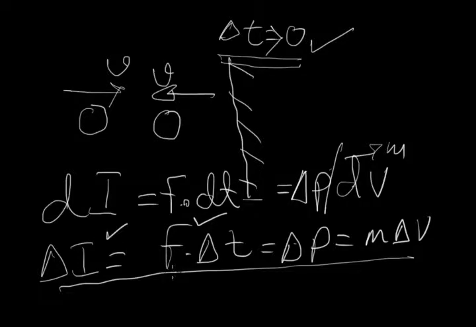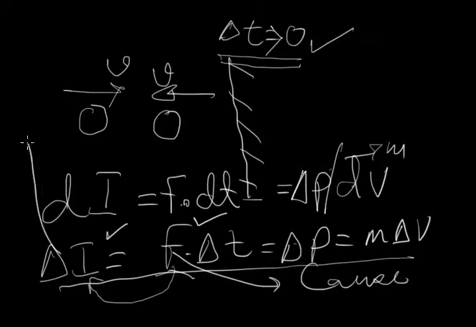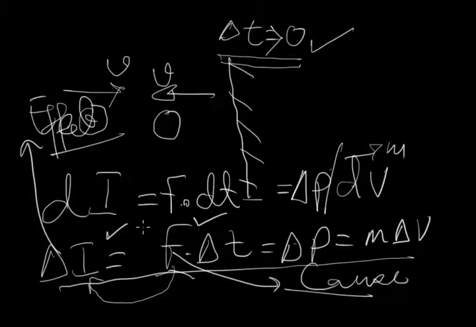If you are asked to relate them, that is, what is the relation between impulse and impulsive force, it is simply the fact that this force is the cause and this impulse is the effect. That is very important for you to understand, that there is a relation of cause and effect between the impulsive force and the impulse.